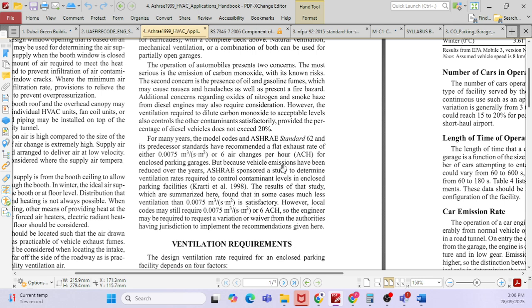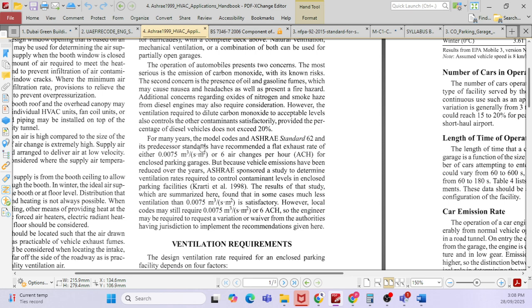But because vehicle emissions have been reduced over the years, because this is from a very long time back, 1999, you can see 0.0075. But recently there have been a lot of reductions, because we are getting very good quality vehicles, and there are many regulations for engines, and the vehicle industry has been producing a lot of quality engines, so the emission level is going down day by day.